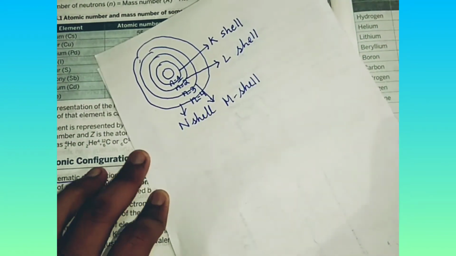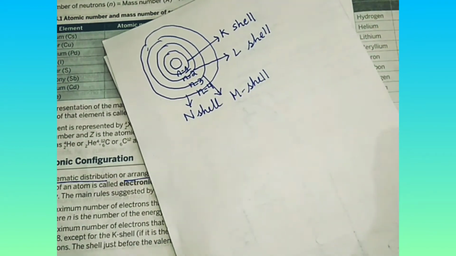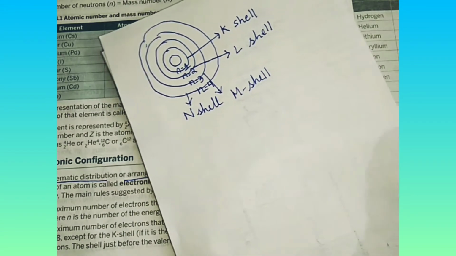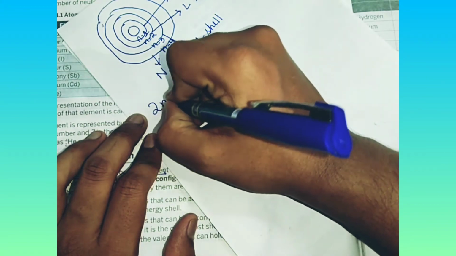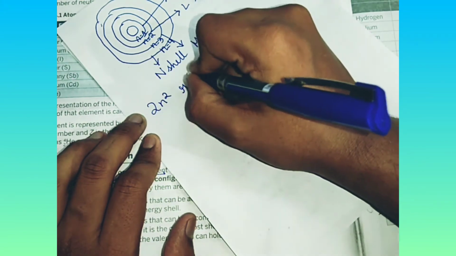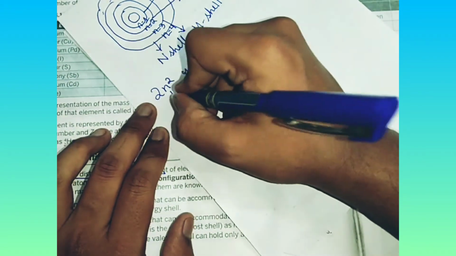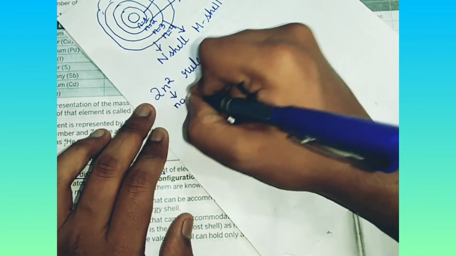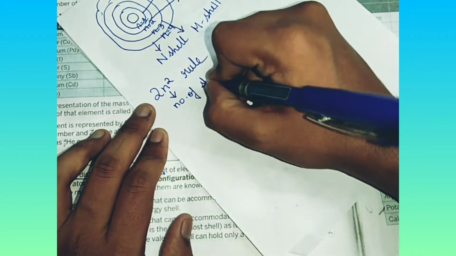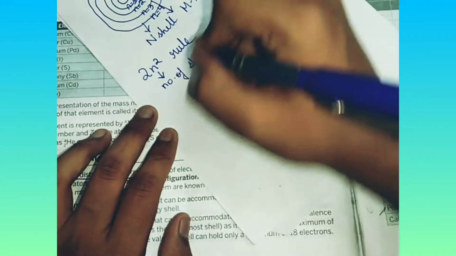Now the placement or position of electrons in these shells can be decided by a formula known as the 2n square rule, where n represents the number of the shell. So let's see.